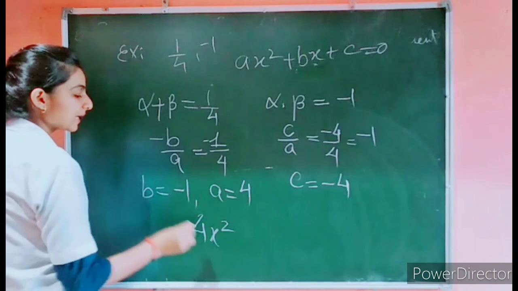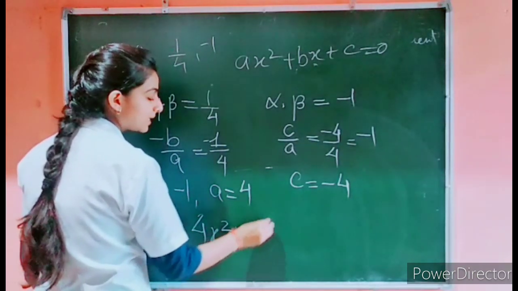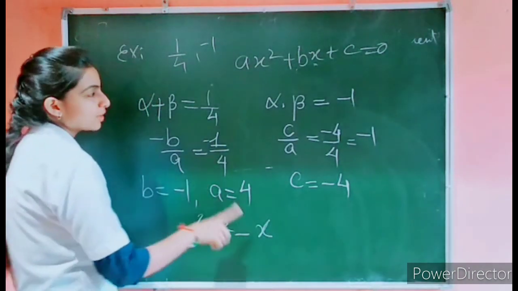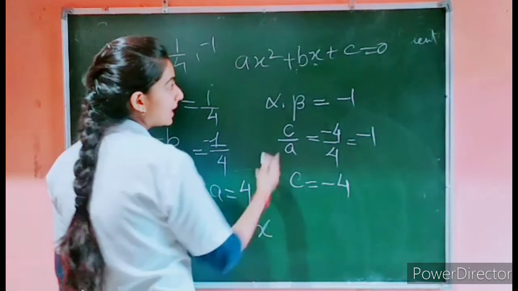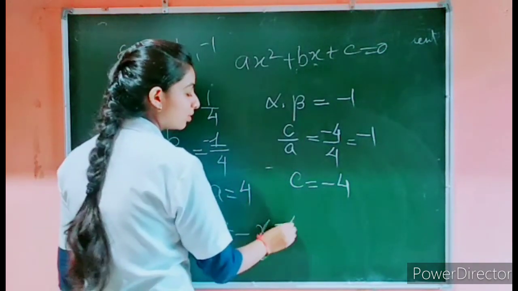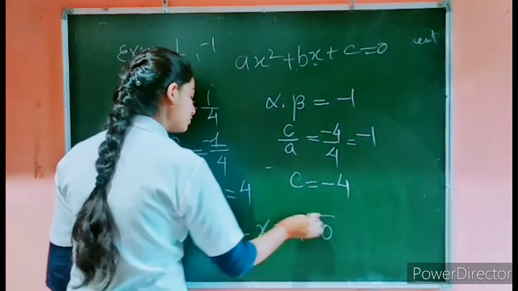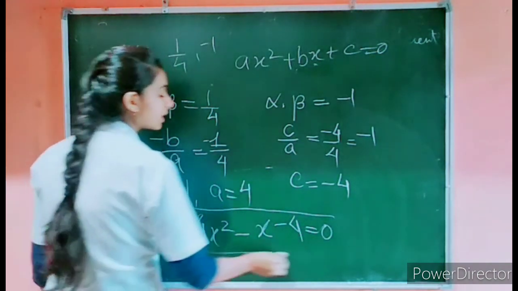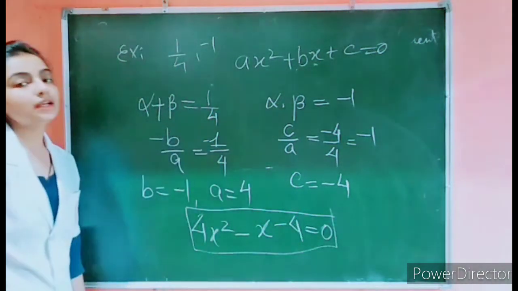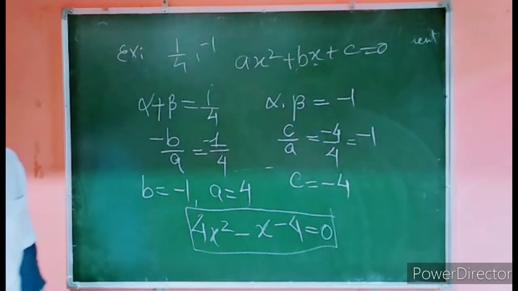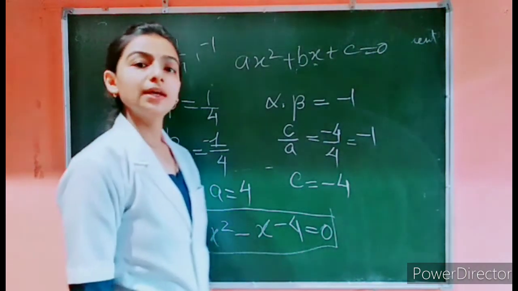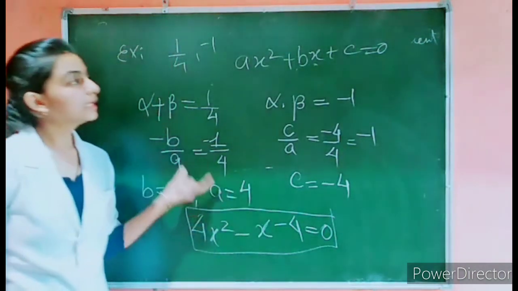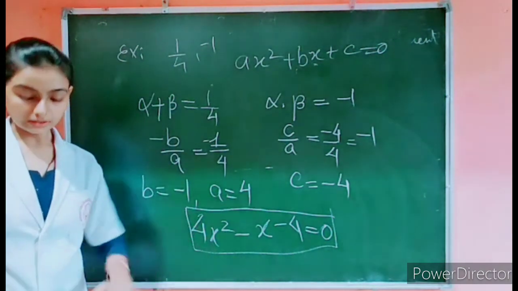B value is minus 1, so minus 1 into x, that is minus x. C value is minus 4, equal to 0. This is our required equation for the given zeros. Like this we can form an equation for the given number of zeros.